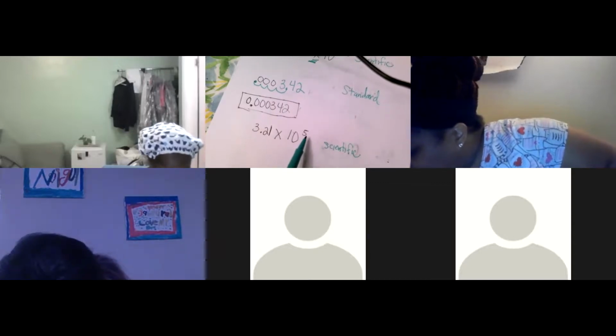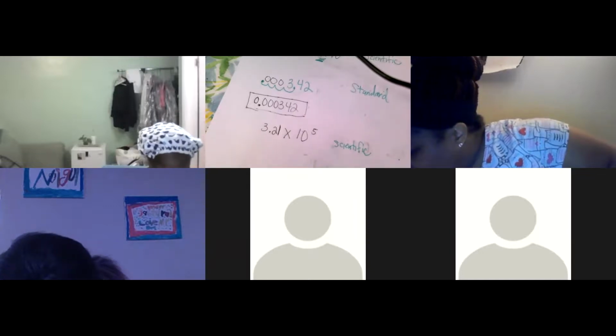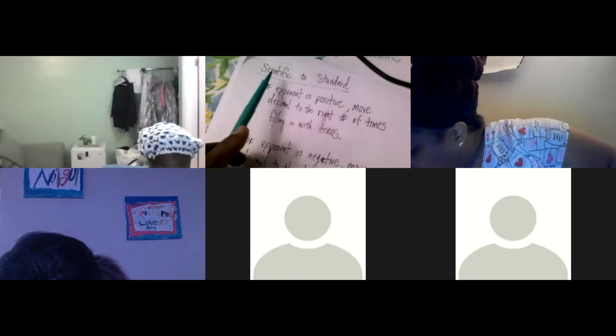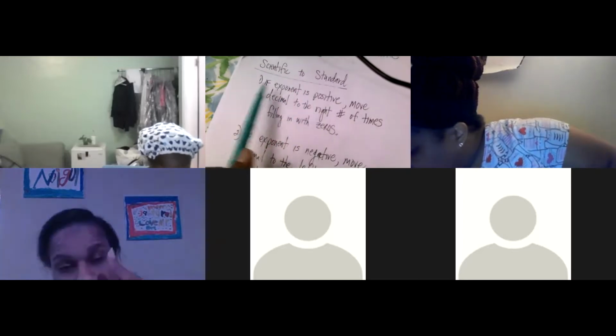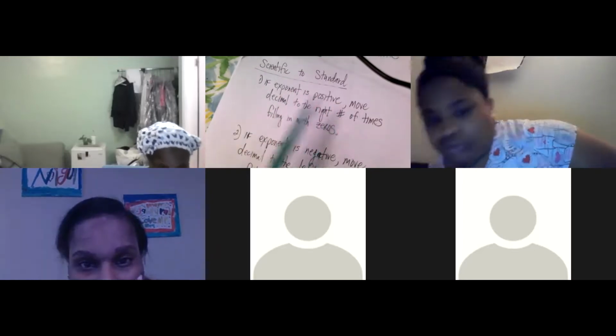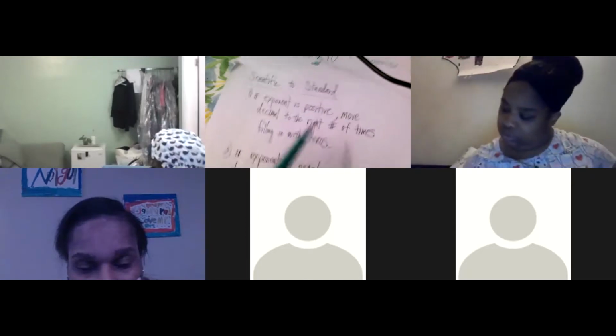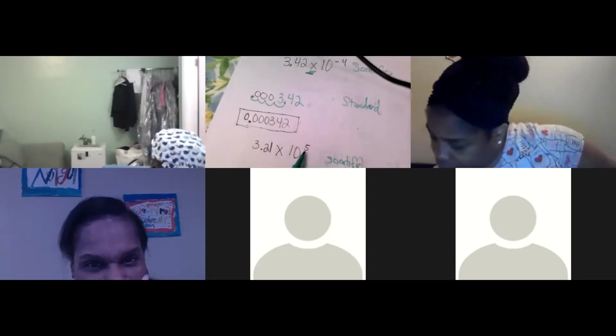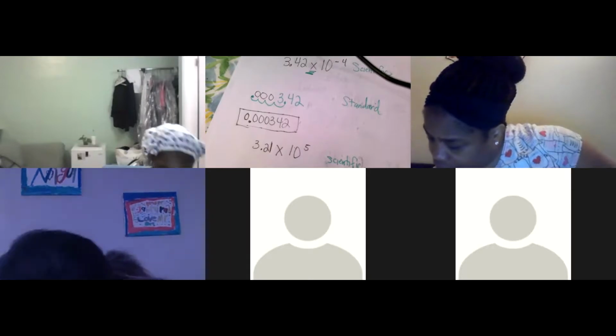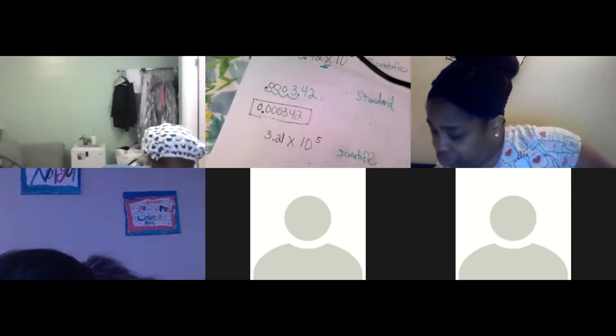The exponent here is positive. So when we are converting from scientific to standard, and the exponent is positive, move the decimal to the right. In this case, 5 places. And we're going to fill in with zeros.